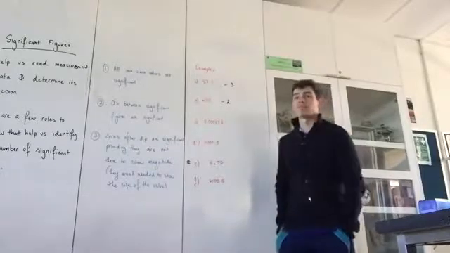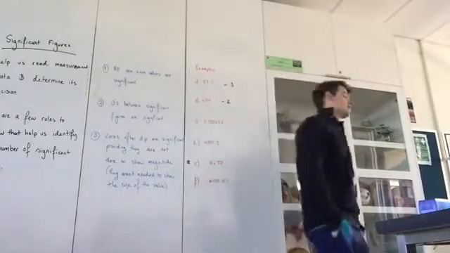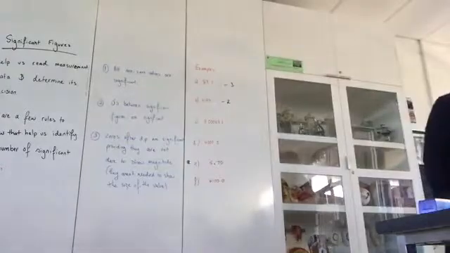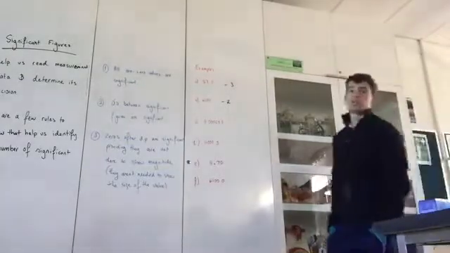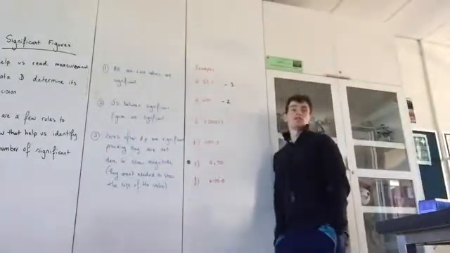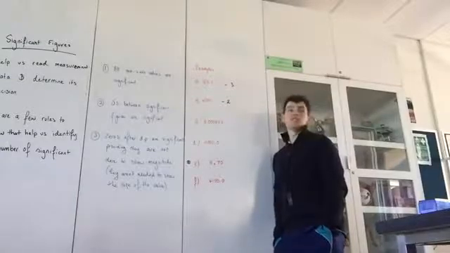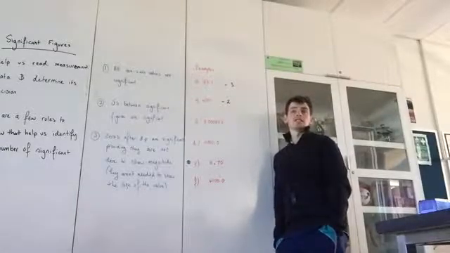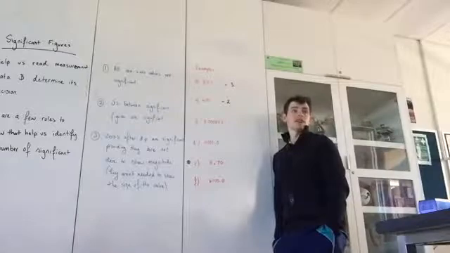0.000653. Who thinks that is a number with 1 significant figure? 2, 3, 4, 5, 6, 7, 8.